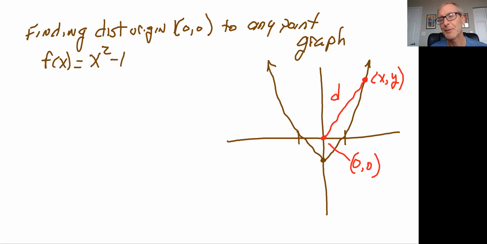And so what we're actually doing here is, if you think about it, back in your old algebra days, we could think about this distance D as the hypotenuse of the right triangle.